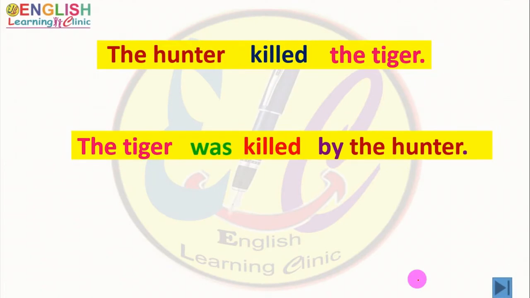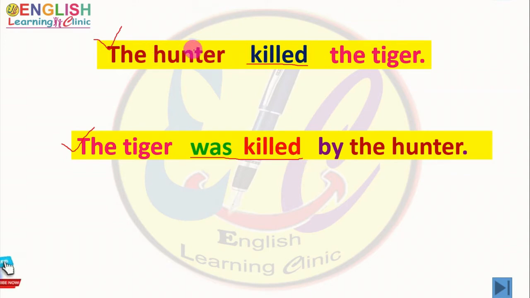Now again, look at these two sentences. This is the sentence with the active form of the verb, and this is the sentence with the passive form of the verb, killed. Look at this sentence carefully.